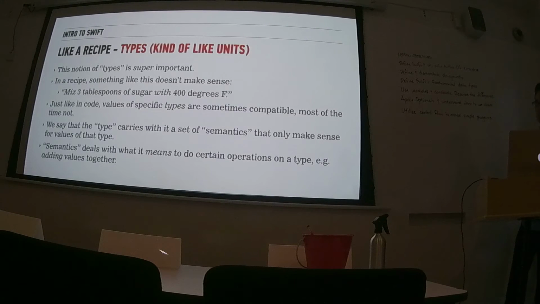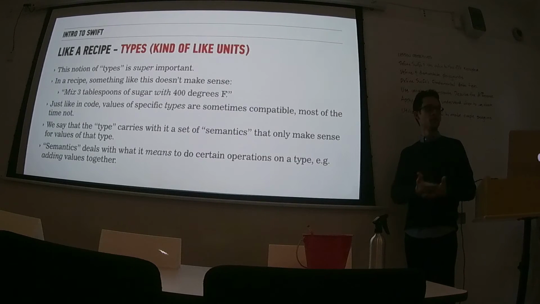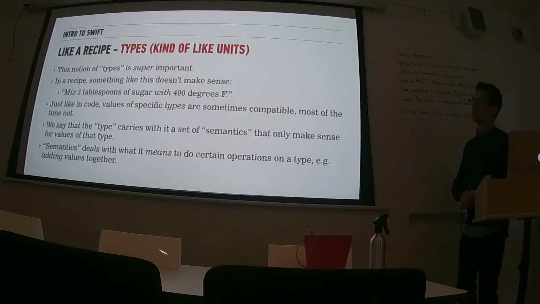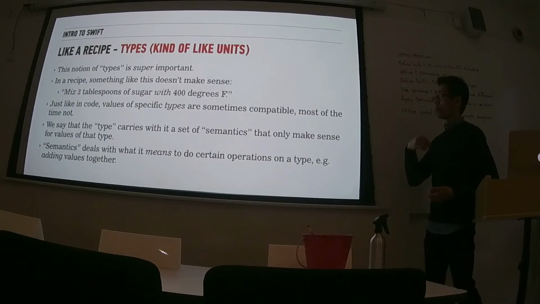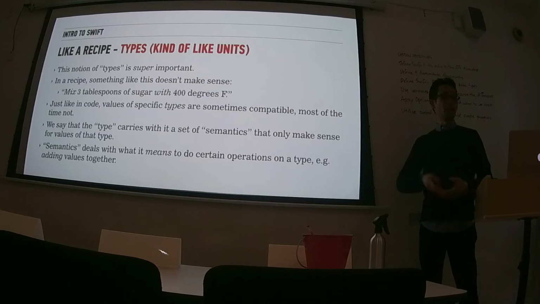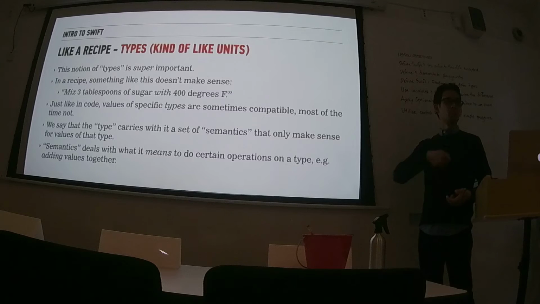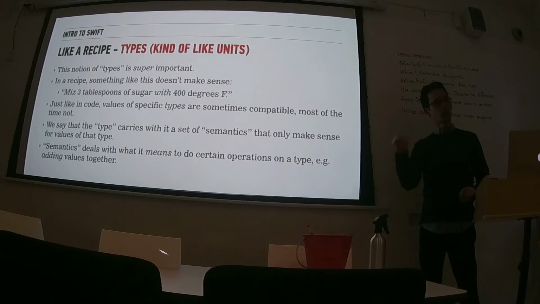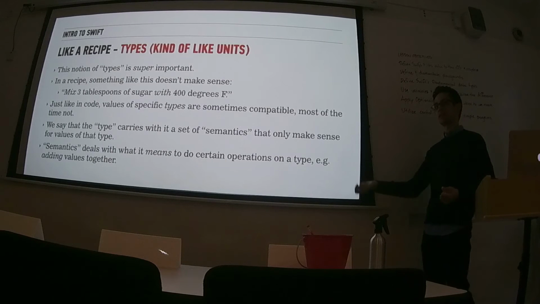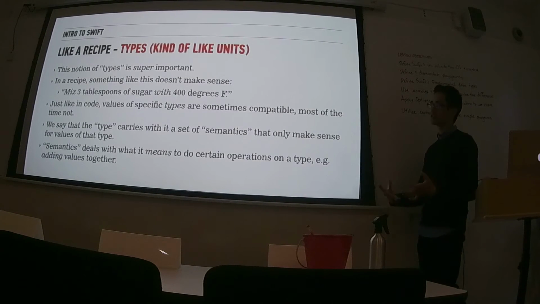So what that means is that a type carries with it a set of meaning, along with it a set of semantics that are only valid for that type. So when we talk about 400 degrees, for example, we talk about 400 degrees in the context of an oven, perhaps, and you can preheat to 400 degrees, you can change 400 degrees to 350, like there's all these things around the notion of temperature that we have in our minds.